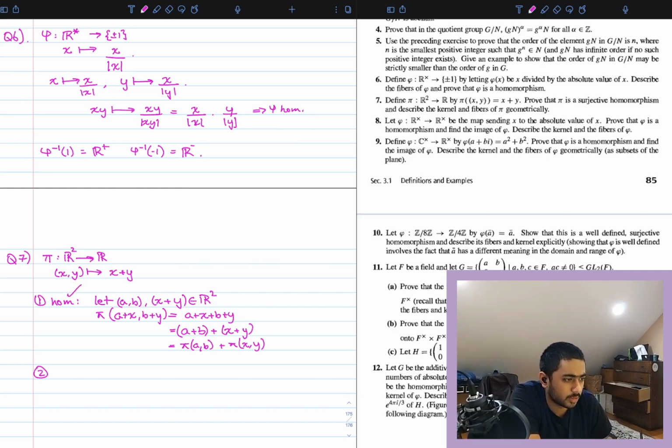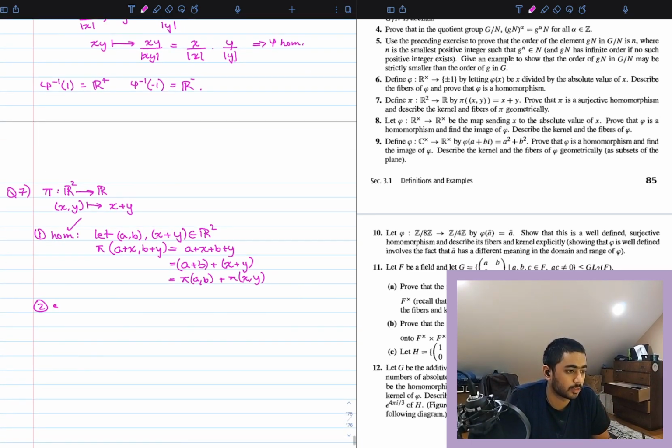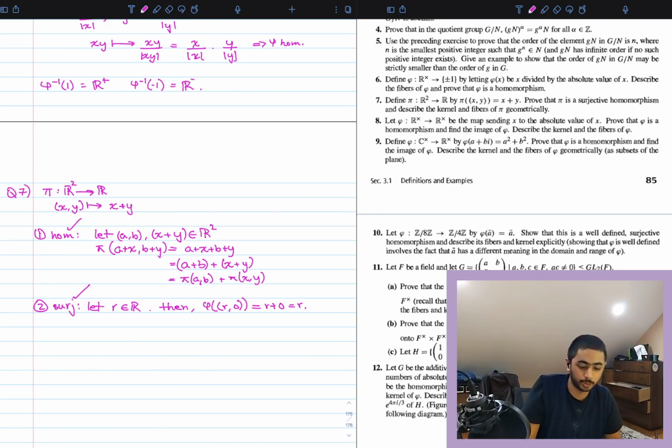What about surjectivity? Why is it surjective? Let r be some real number. Then look, phi of the pair (r, 0) goes to r plus 0, which is equal to r. So we've got surjectivity as well. No matter what element we have on the right hand side here, we can find something on the left that gets sent to it.